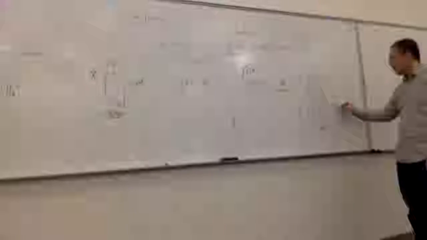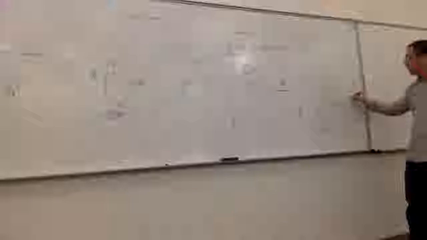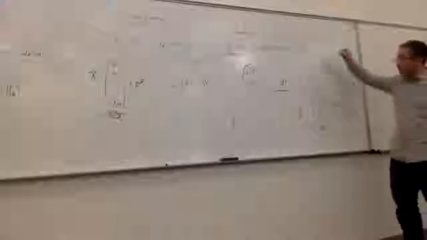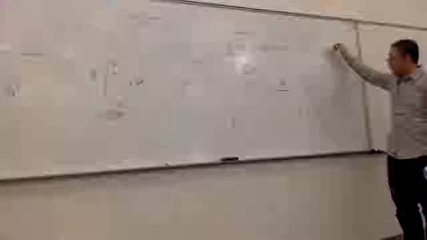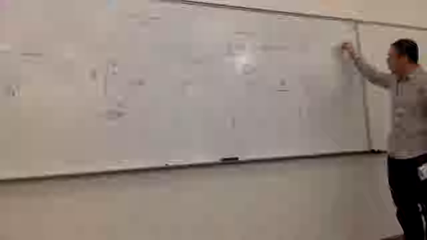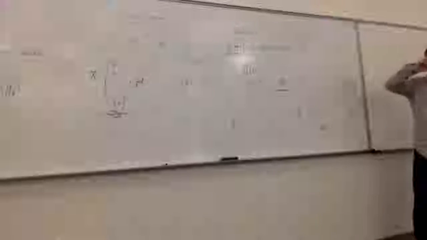This is our augmented feature vector, and our augmented weight vector is first the intercept b, and then the first weight w1, second weight w2, until wd. Then our linear classification function can be represented by the inner product between the augmented weight vector and the augmented feature vector. That's another commonly used notation in linear classification.